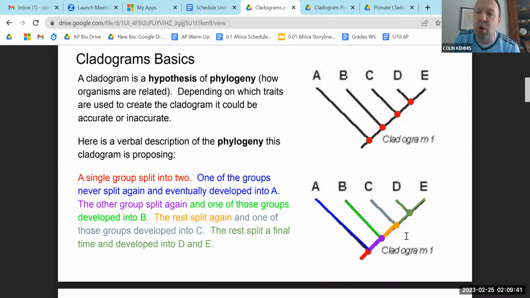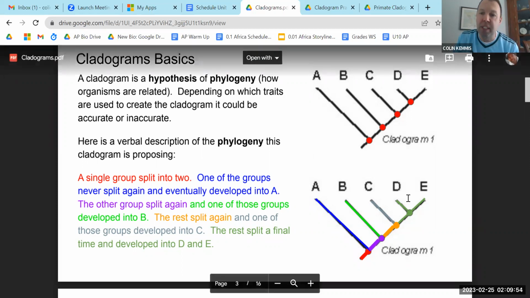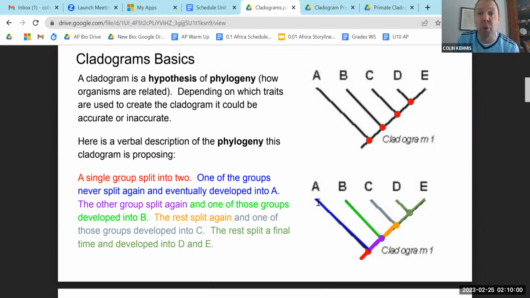They just show a relative amount of time. So it's in relation to one another. Sometimes they will put years on it, and you will see that in the homework with the primates today. But these split the most recently, so they're the most related. A split off the most distantly, the most long time ago. So it's least related to the rest of them.